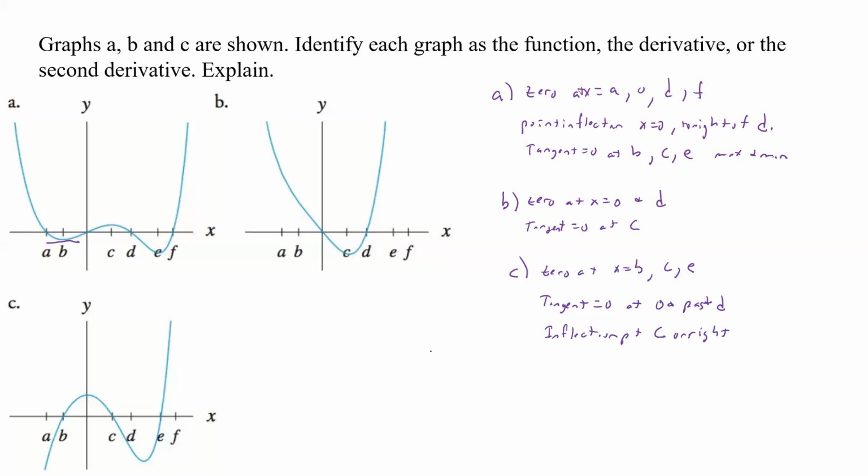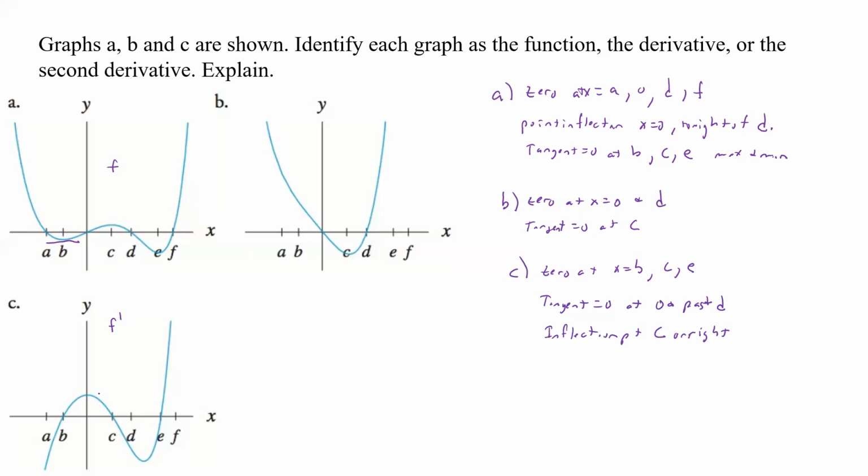Okay. So now, which one is going to be the function? Well, if we have this going 0 and 0 and 0, we need to find one that has 0 at B, C, and E. Well, that's going to be this one. So this could be the function, and this could be f prime. Now let's look at this one.